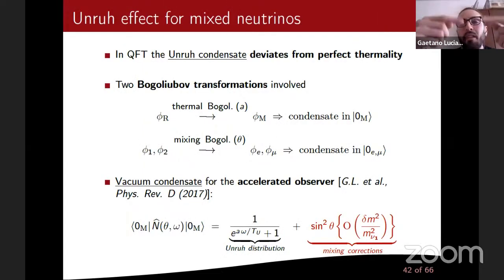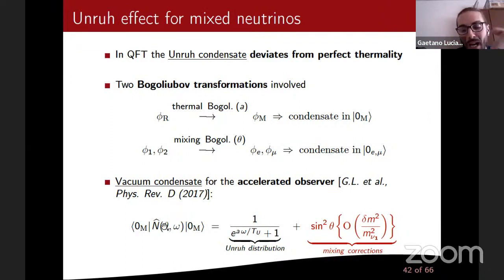But some deviation from thermality occurs if you work in the full quantum field theoretical approach, because now you have two Bogoliubov transformations: one, the thermal Bogoliubov transformation responsible for the Unruh effect, and also the Bogoliubov transformation responsible for mixing. You can show that these two transformations combine in a non-trivial way.